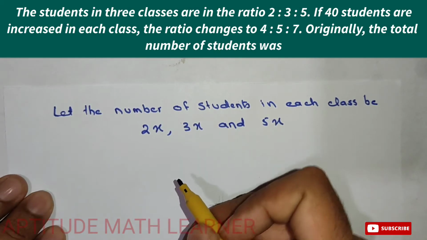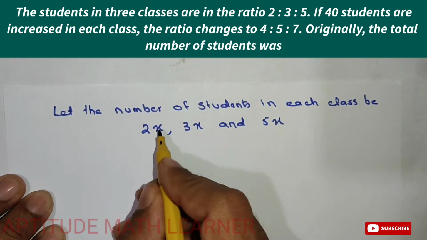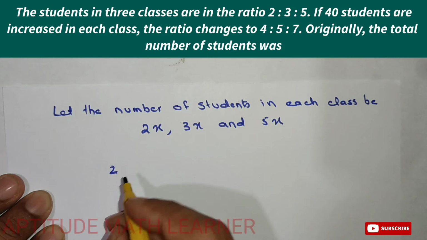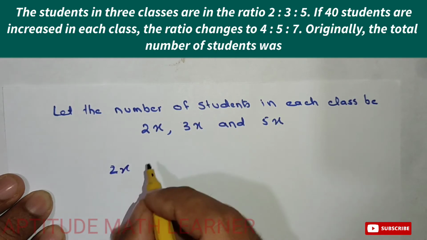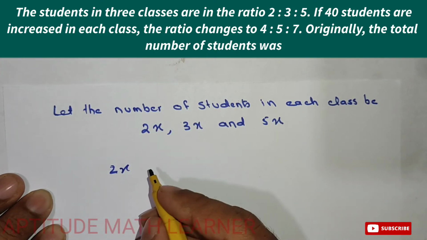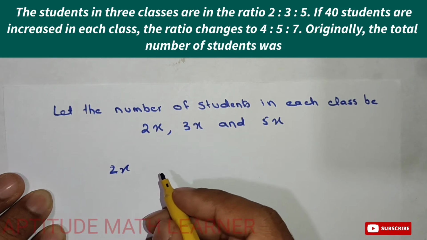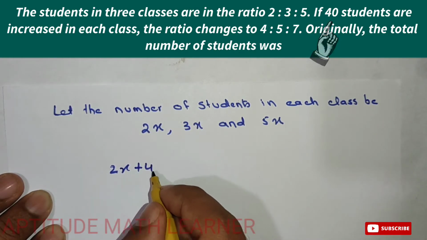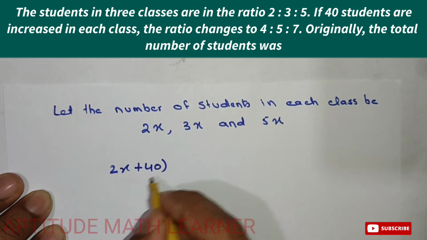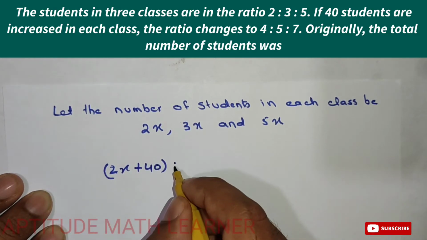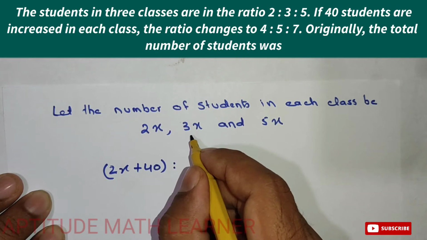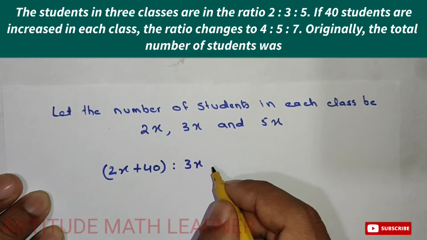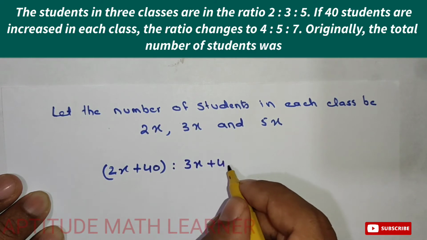Now in the first class, this is 2x, and in the first class 40 students are increased. In the second class, this is 3x, and here as well we increase 40 students.